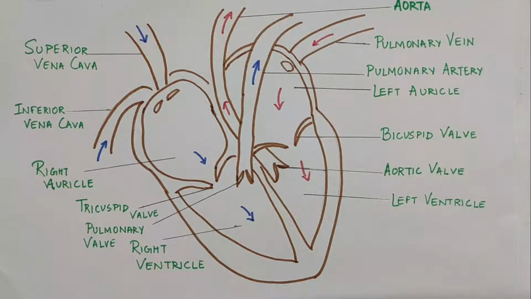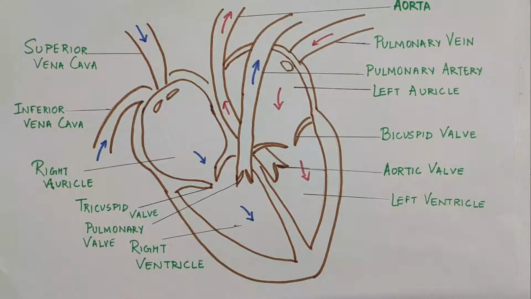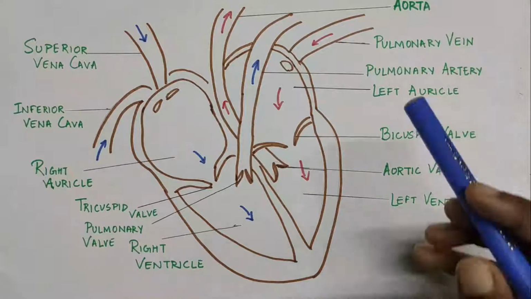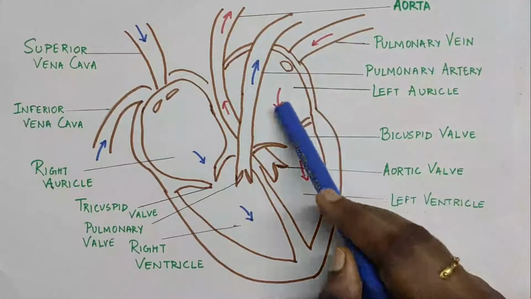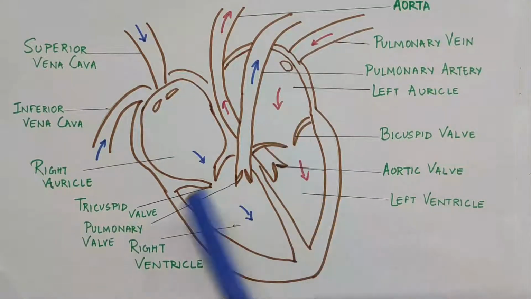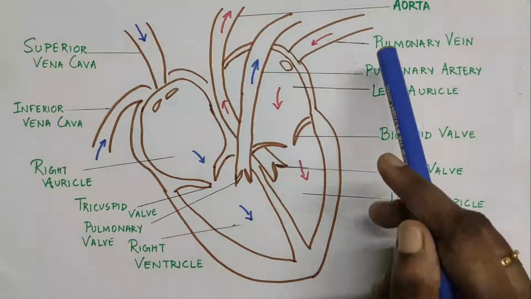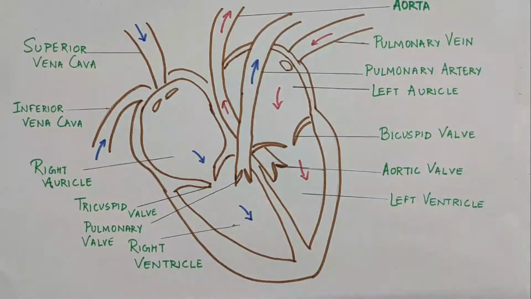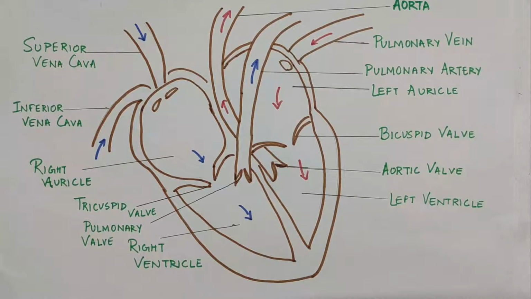So in the lungs the exchange of gases is actually taking place and the blood is getting oxygenated, and then through the pulmonary vein the pure or the oxygenated blood is coming to the left auricle. I had also told you that the pulmonary vein is the only vein which carries the pure blood, and pulmonary artery is the only artery which carries the impure blood.